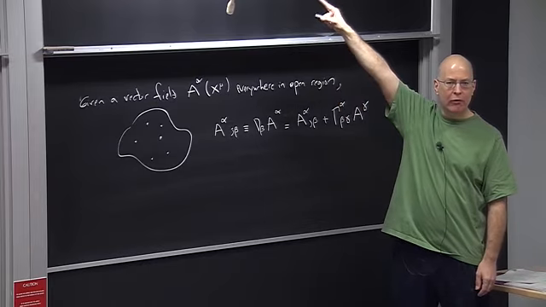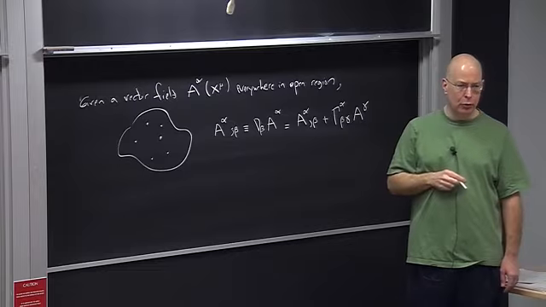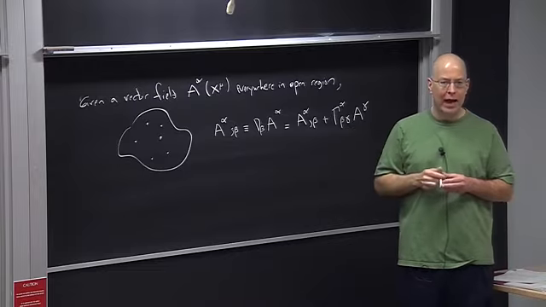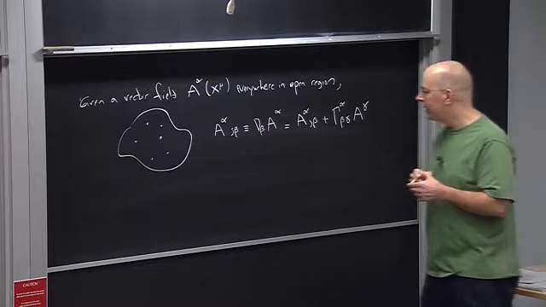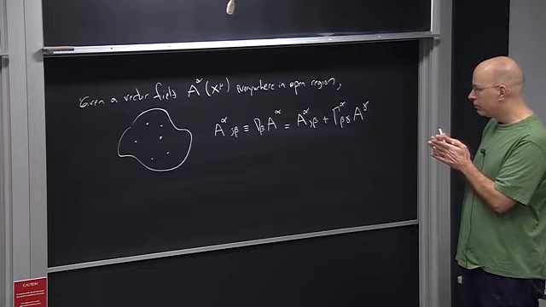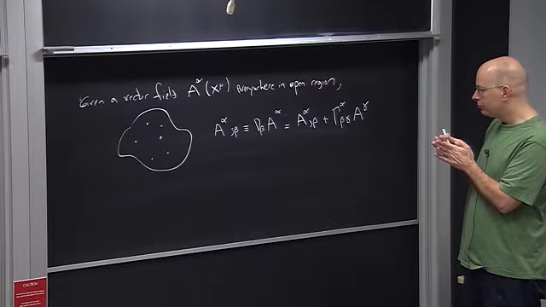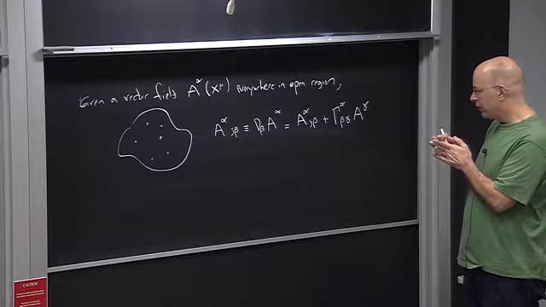Over there, we had derivatives only in one direction. Here, we have derivatives in all conceivable directions. So we have a lot more information in this than we had in that. All right. So you've seen this before.